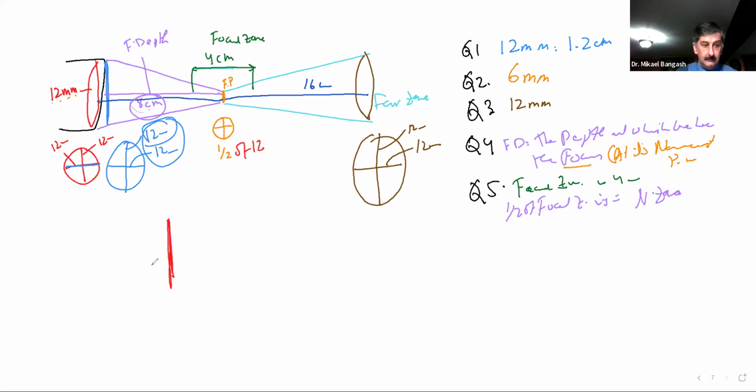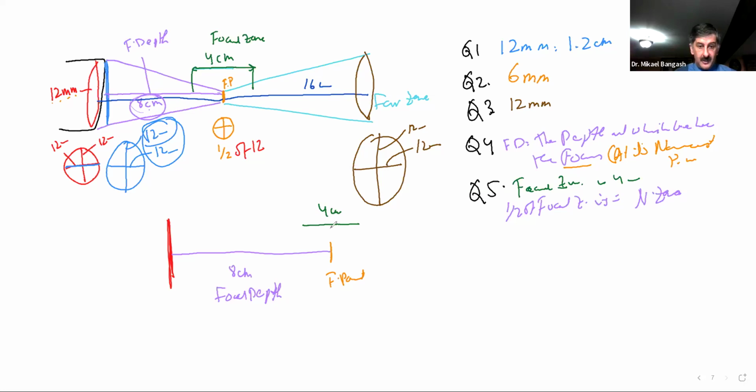It's for your PCT. This here was your focal depth, at the end of which we have the focal point. And we had the focal zone, which was 4 centimeters.